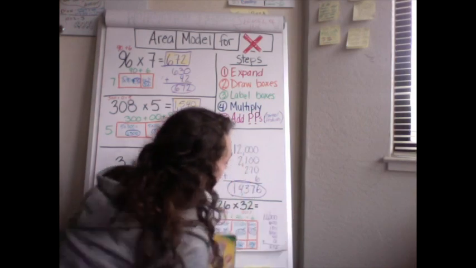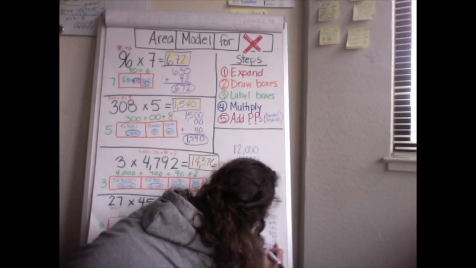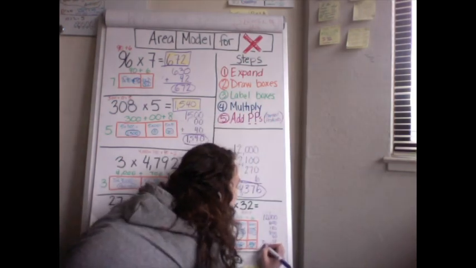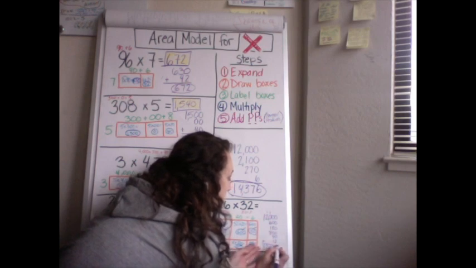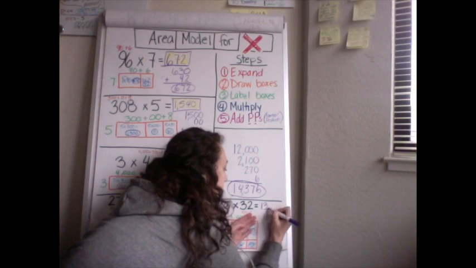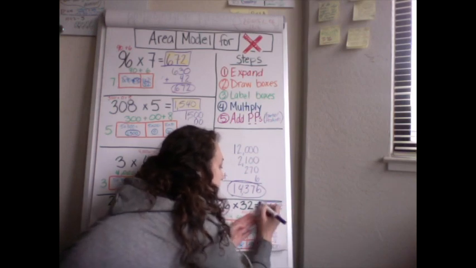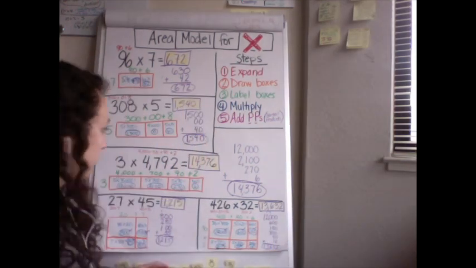My 1 gets regrouped next door. 1 plus 2 is 3, and 1 plus nothing is 1. I count out my house, 1, 2, 3, comma. There's my answer, 13,632, just so that everybody knows exactly where my answer is.